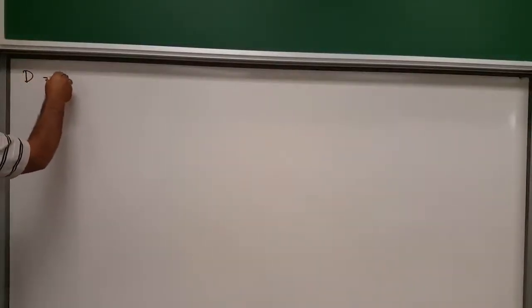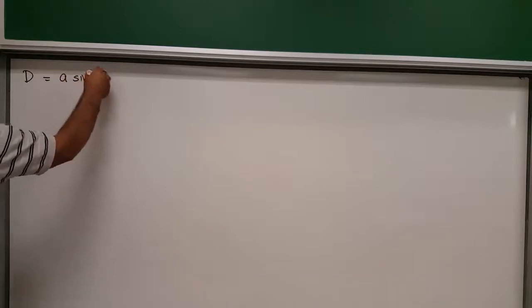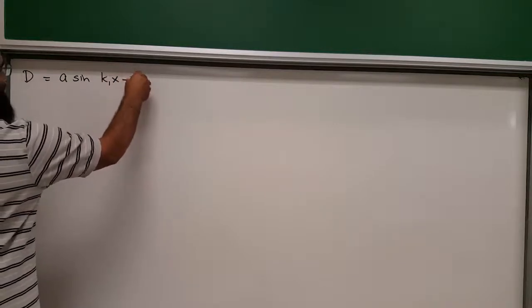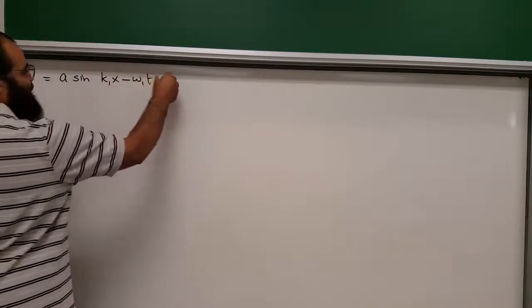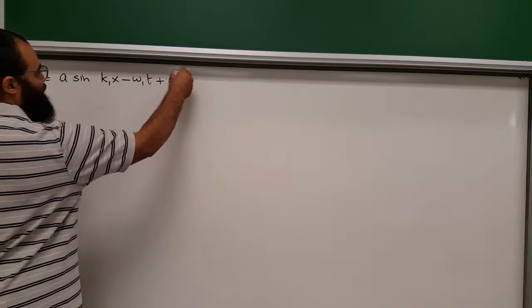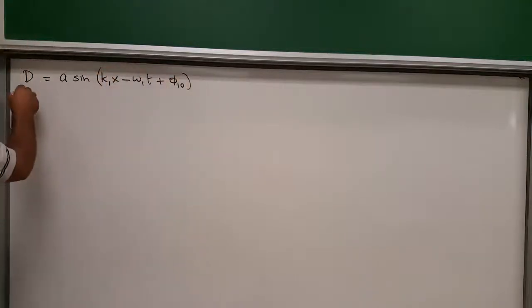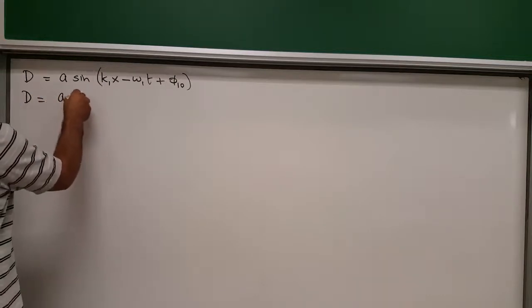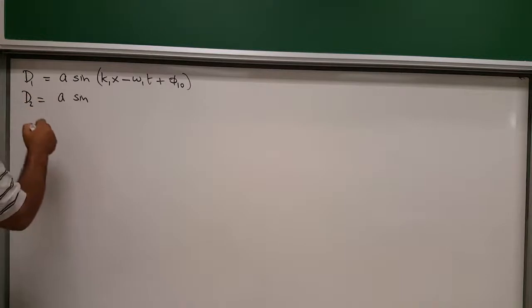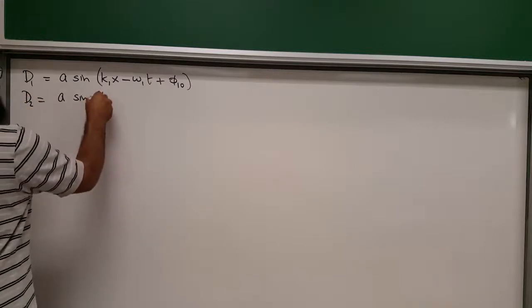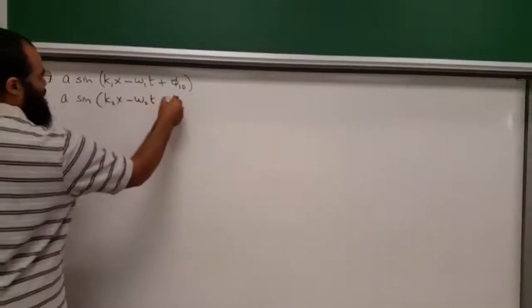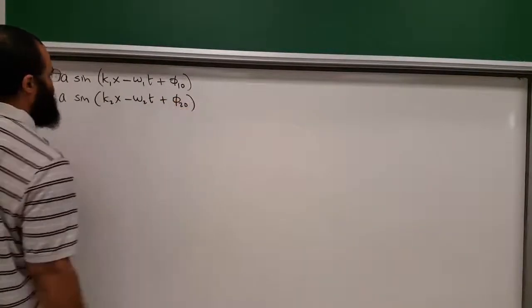Wave 1 has some amplitude times the sine of k1x minus omega 1 t plus some phase, let's call it phi 10. And then the second wave has a similar form, with k2 x minus omega 2 t plus phi 20.